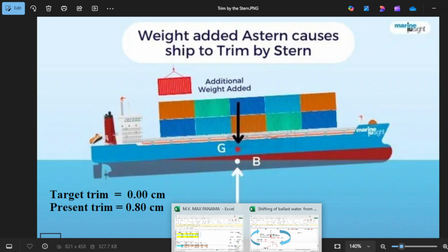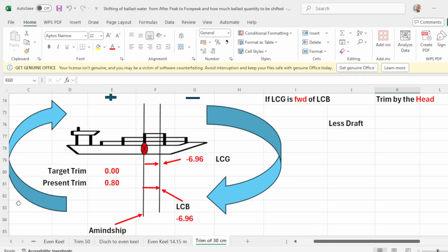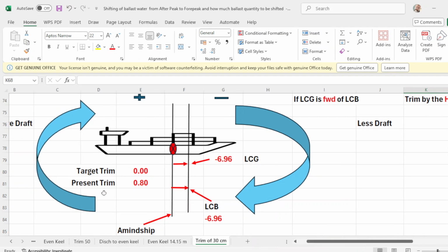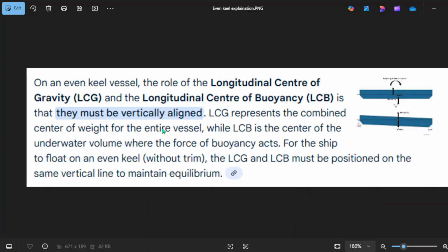And that is the same with this diagram. So the aft has to go up in this direction, and the forward part will go down in this direction, which is clockwise direction. That's why your LCG and LCB are in a vertical line. They are one line. According to this explanation, they must be a vertical line.